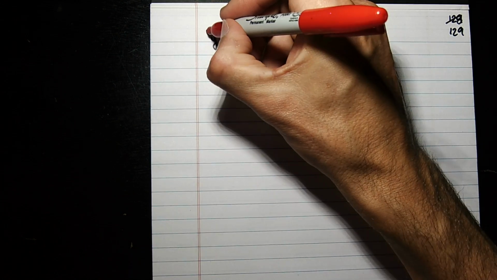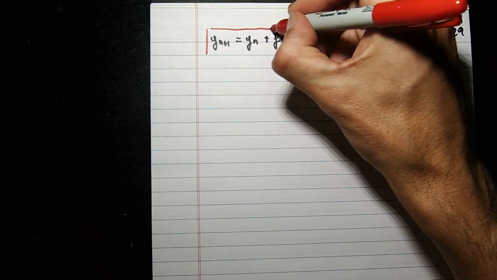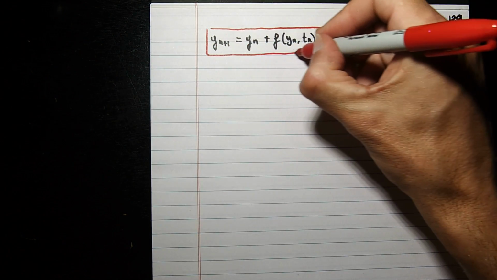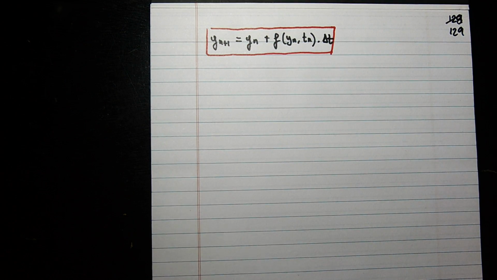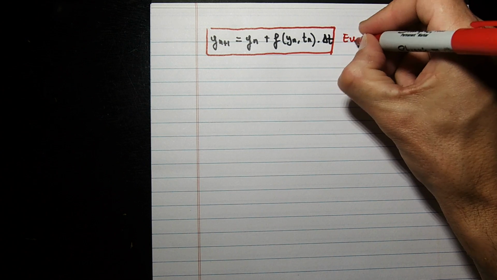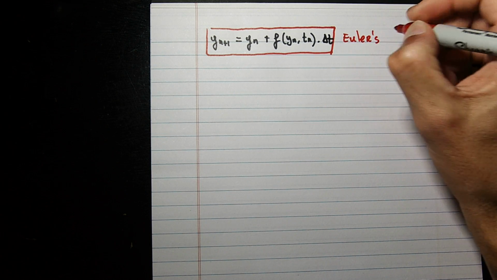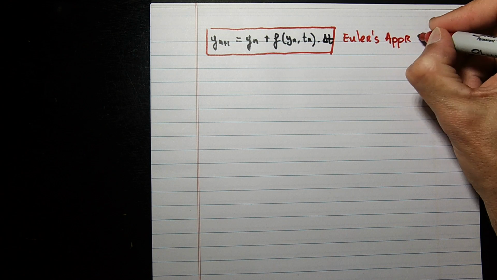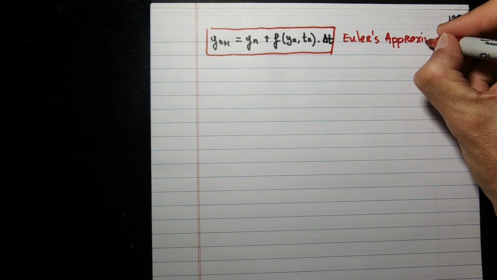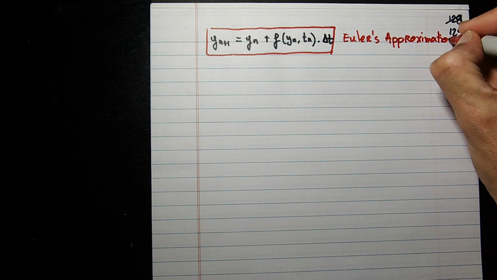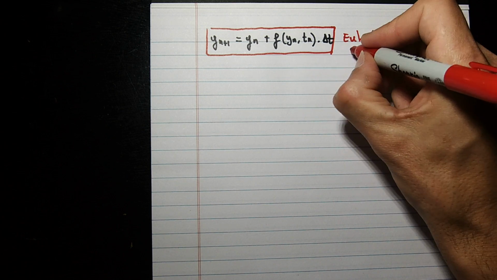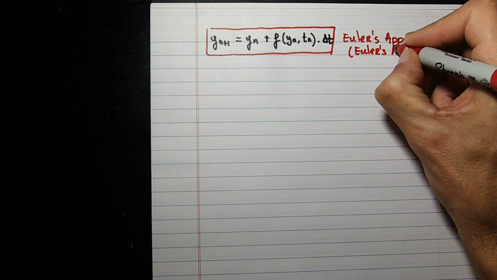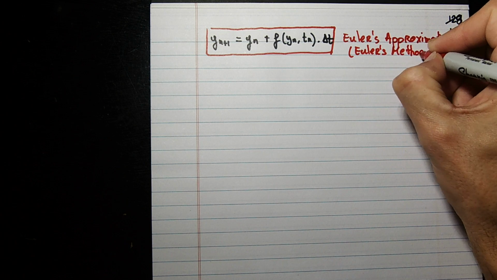Okay, so here we have our first approximation on how to solve the first order ODE. And this actually is called the Euler approximation, which will give what we're going to be calling Euler's method later on.